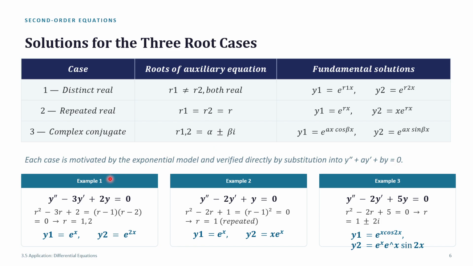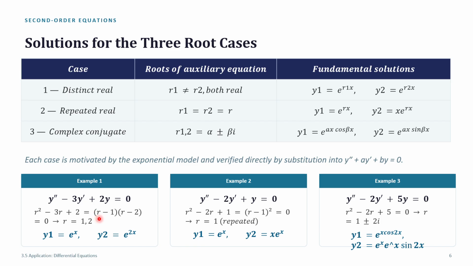For example 1, we find the two distinct solutions for the differential equation y'' - 3y' + 2y = 0. To solve this one, we let y = e^(rx). Since it is an auxiliary equation, that will give us r^2 - 3r + 2, and we factor this one.